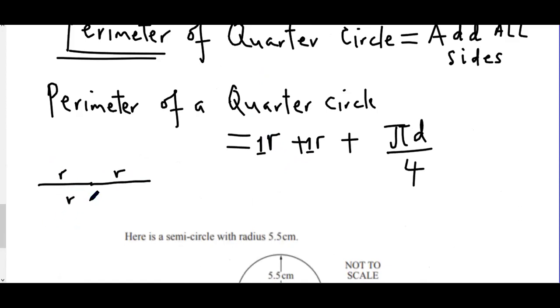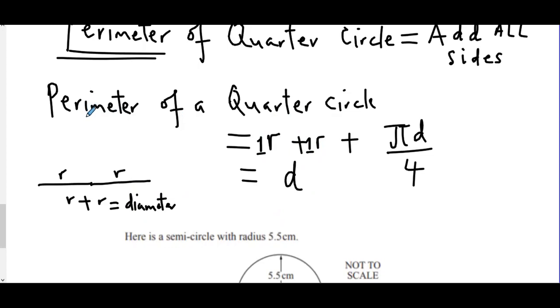When you have one radius plus another radius, what you get is simply a diameter. So one r plus one r is simply a diameter.